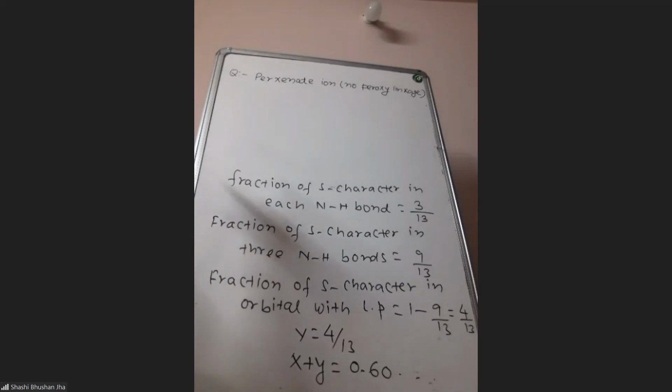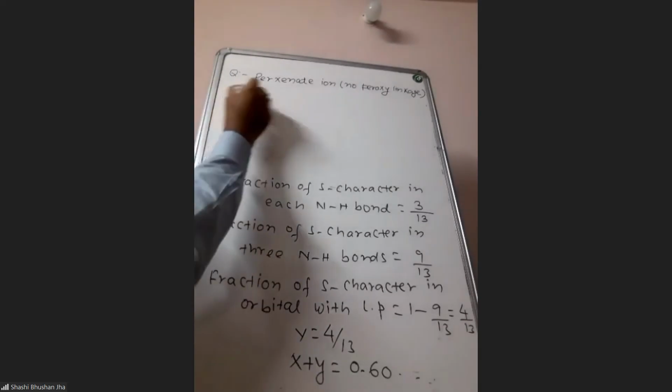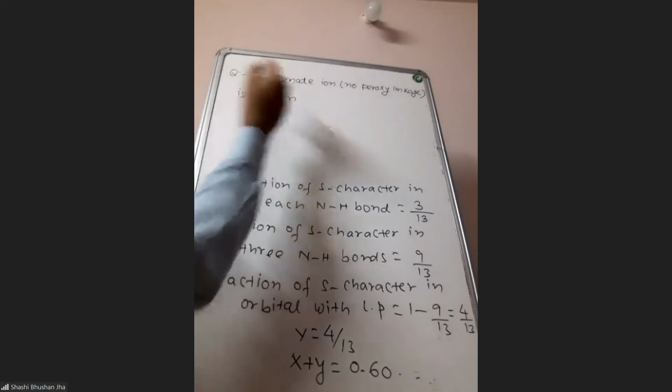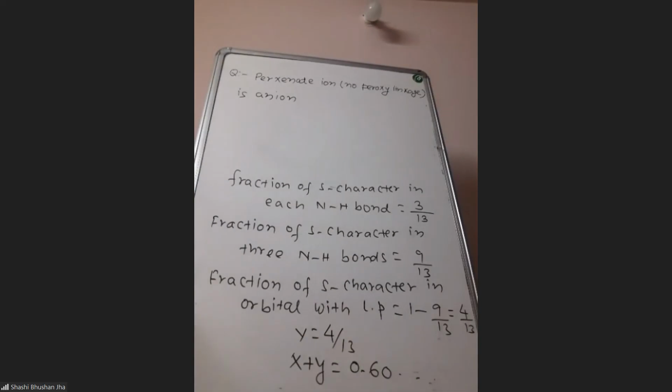Perxenate ion, in bracket I have written no peroxy linkage, is an ion formed by xenon and oxygen with xenon as the central atom. I am repeating, perxenate ion, no peroxy linkage, is an ion formed by xenon and oxygen with xenon as the central atom.